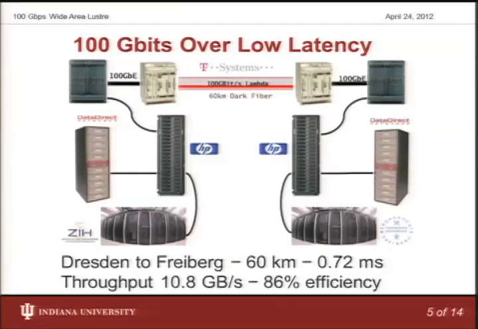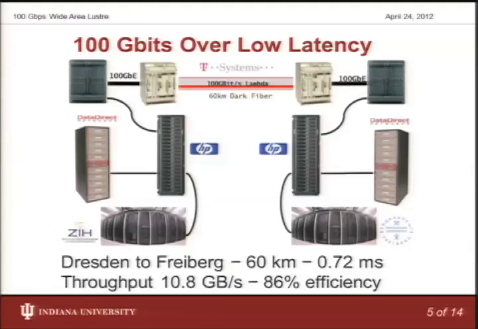So last year we did an interesting experiment. Steve Sims, Robert Henschel, and some folks from ZIH, Michael Kluge and his team, worked on putting together a 100 gigabit testbed from Freiburg to Dresden in Germany. This is a fairly low latency link.